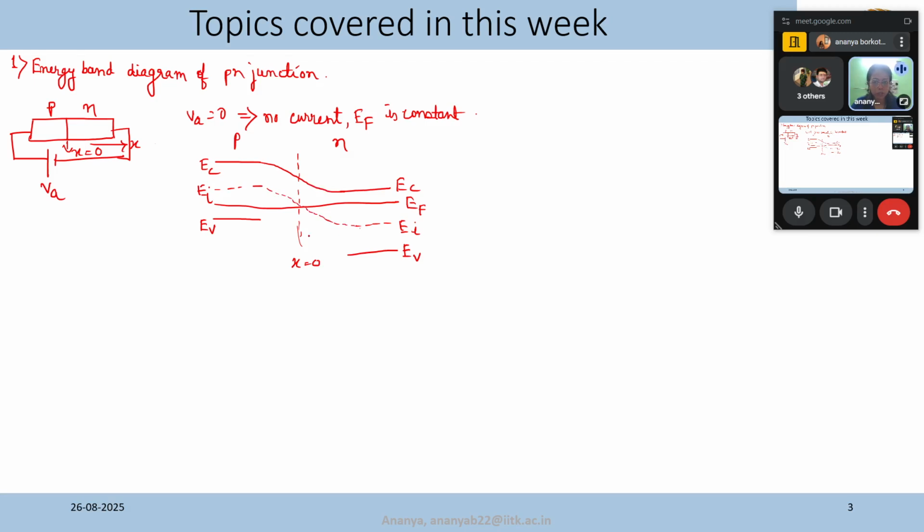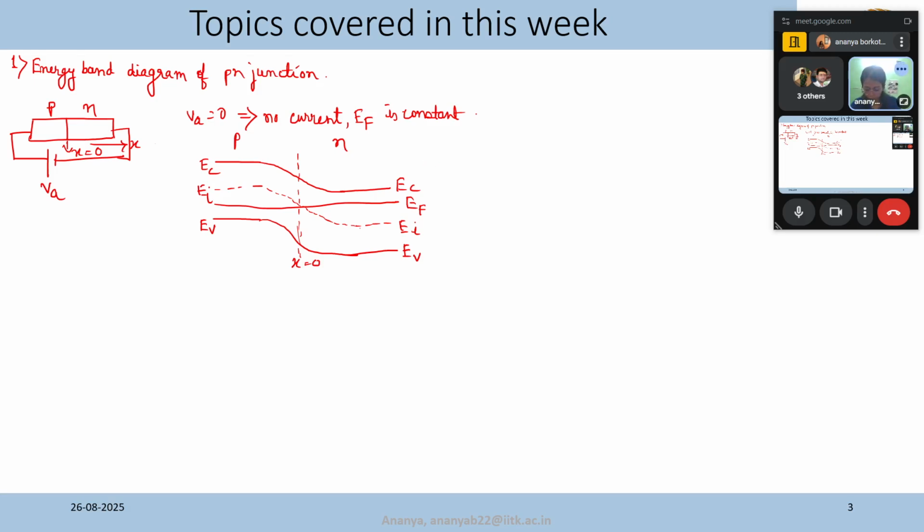There will be no discontinuity here because this is silicon against silicon, the same material, and from electrostatics we know there will be no discontinuity. This is under no bias condition.